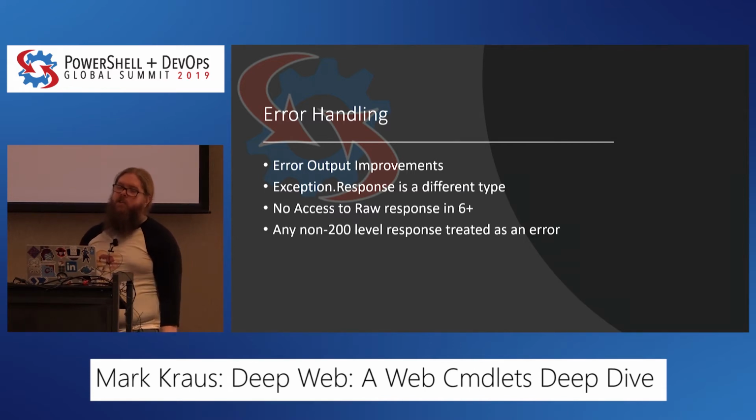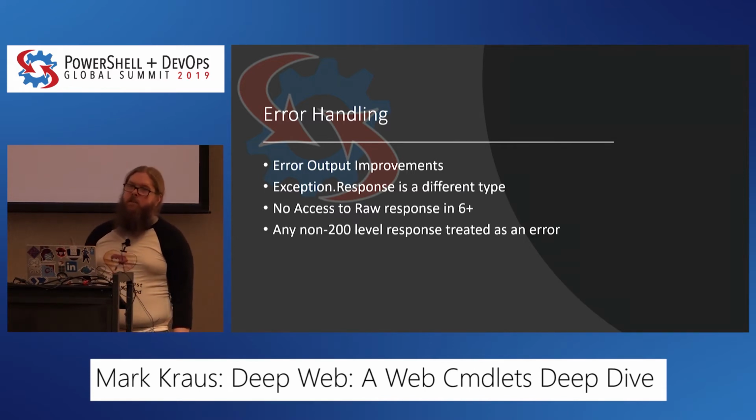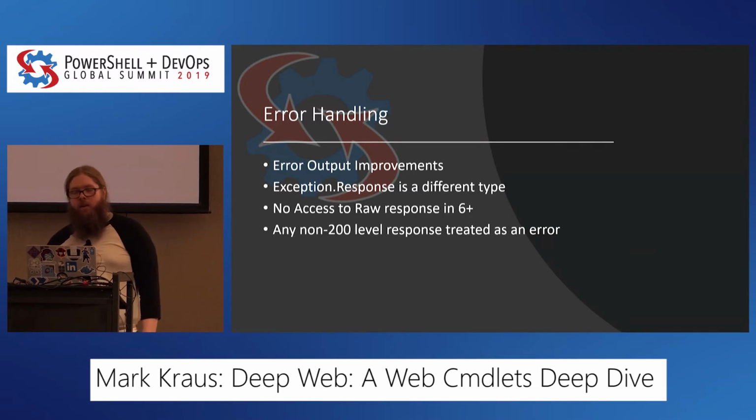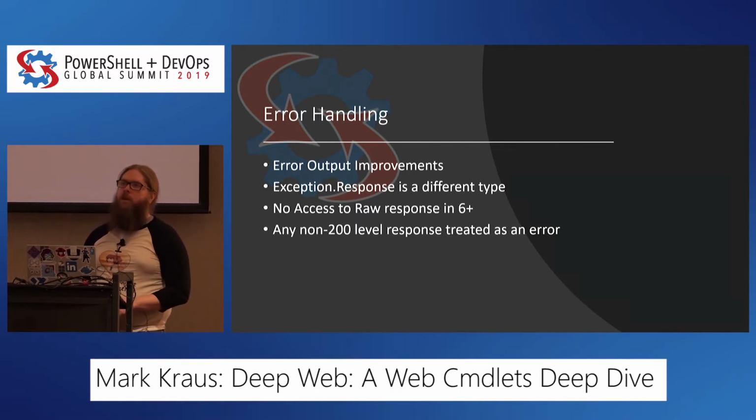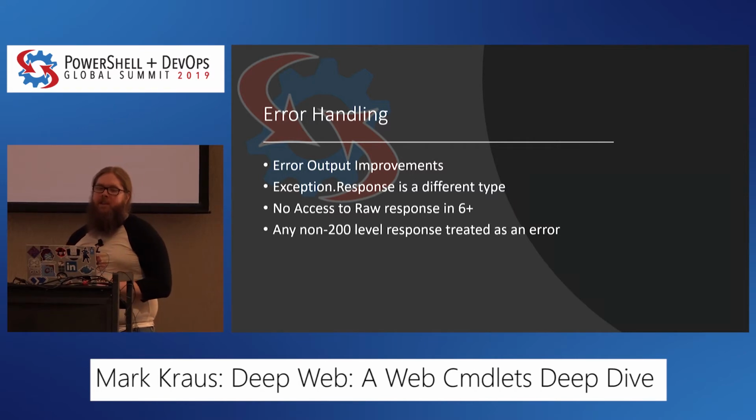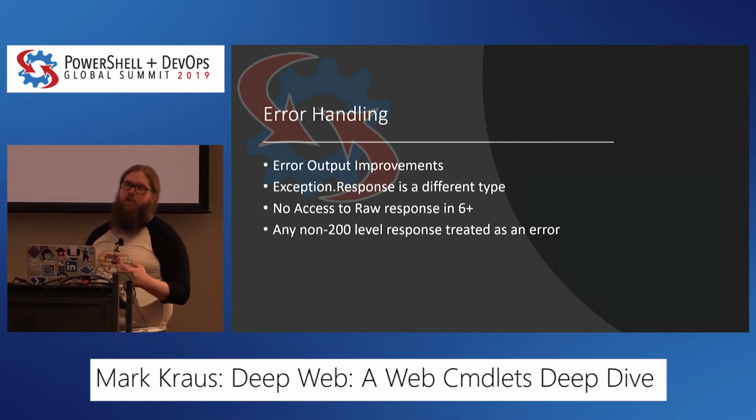And then another change is that now in 6.0, any call to anything that returns a non-200 level response, like 201 is a success response, these are all successful response messages that HTTP has defined, now comes back as an error if it's not in that level.